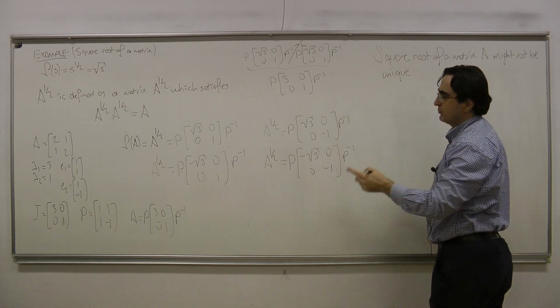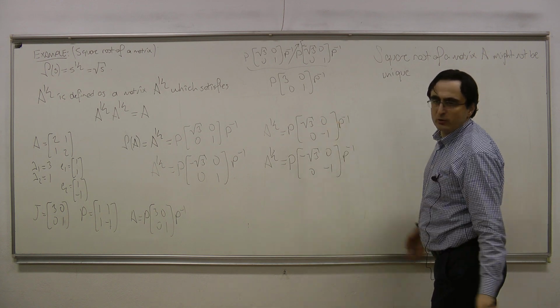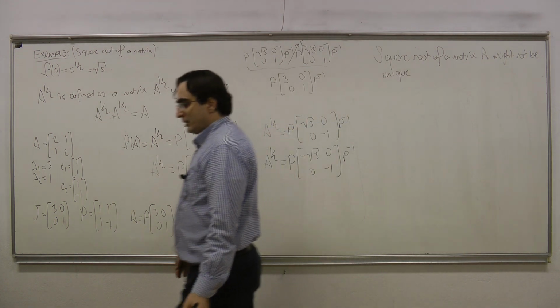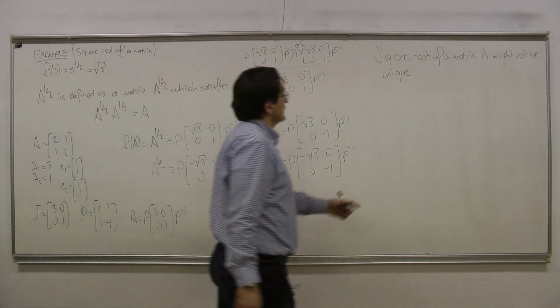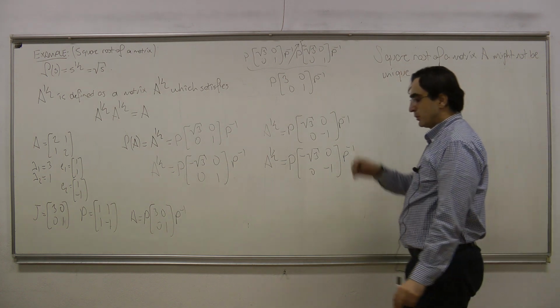There are cases when all of the eigenvalues are 0, for example. In that case, there would be only 1 square root. So it might be unique or it might not be unique. So in general, it's not unique. Okay?